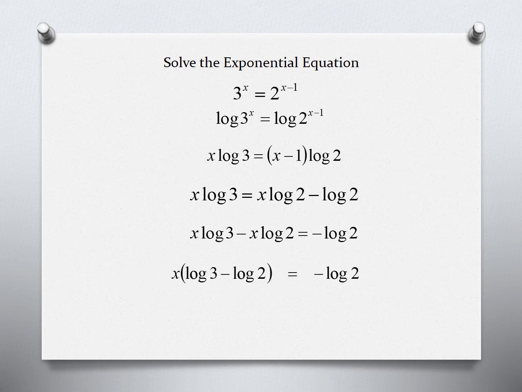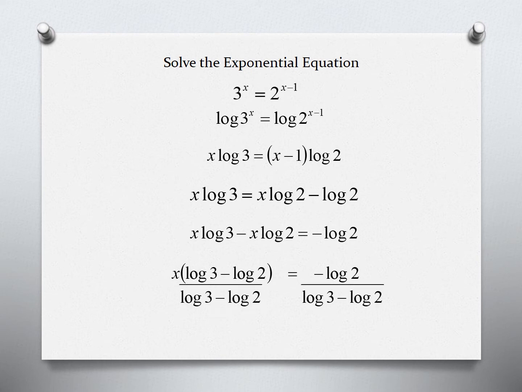And now I can factor out the variable x on the left, leaving me with just a constant inside that parentheses on the left and a constant on the right. Remember, the log of whatever number is a constant value. These again behave like constants, or coefficients, that we've used in the past.